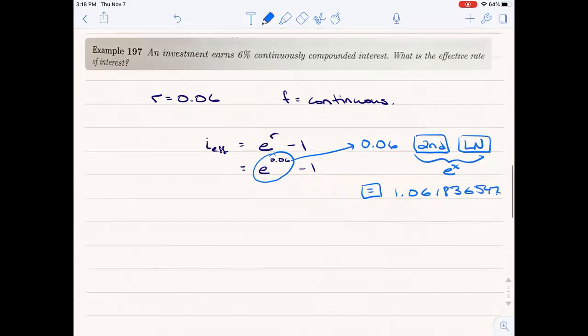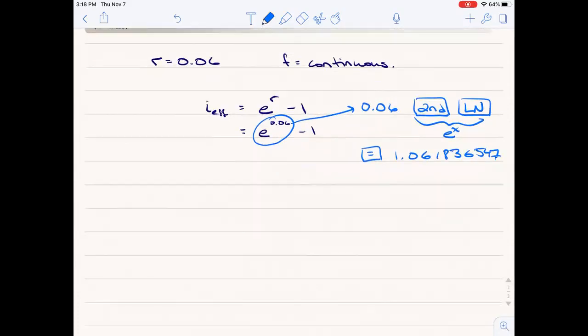So just make sure that you get that same value. And then we have to subtract 1, because if we have an effective periodic interest rate of 106%, that's really good if we're getting it, not so good if we're paying it, but it doesn't really make sense. And so 1.0618365547 minus 1 is 0.0618365547.